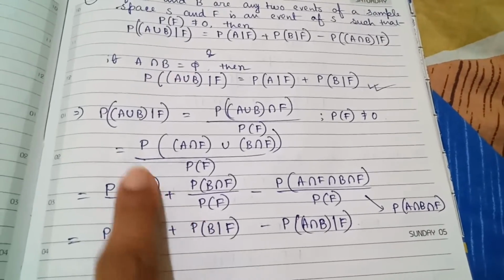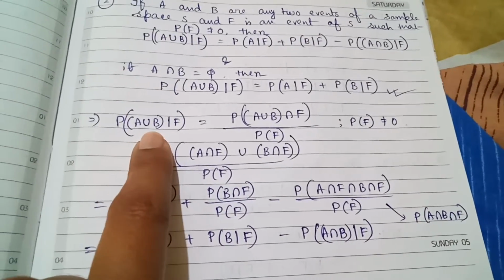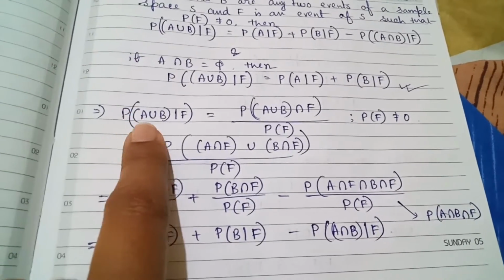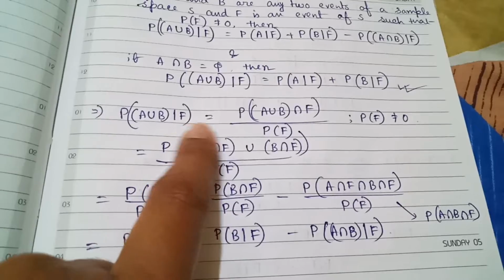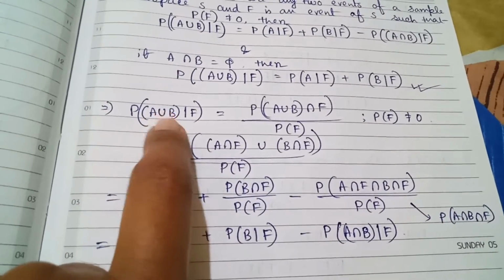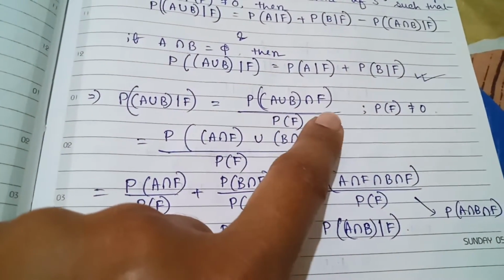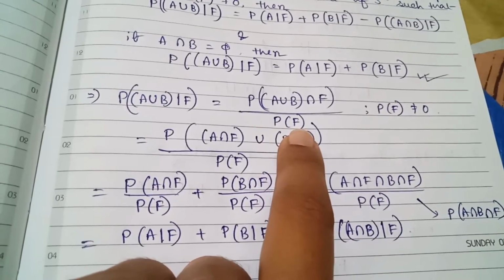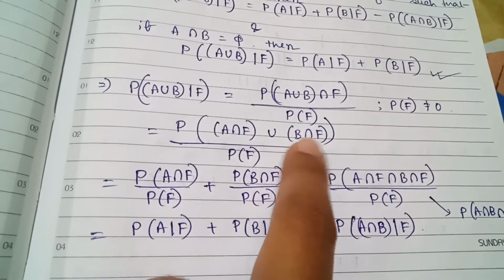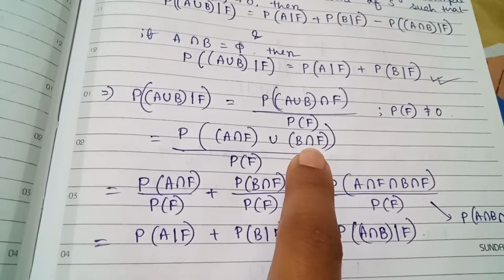Now coming to its proof. The proof is very simple. Just apply the conditional probability formula, P of A union B on F equals, you have to take this one as the whole set, that means P of A union B intersection F divided by P of F. Now this one can be broken into these two sets, using the distributive law of set theory.